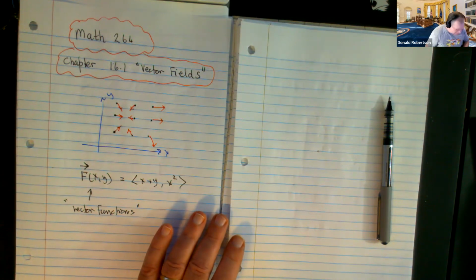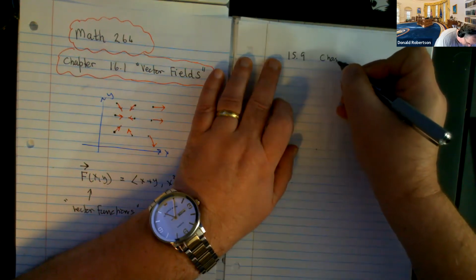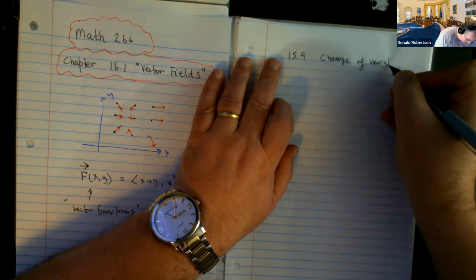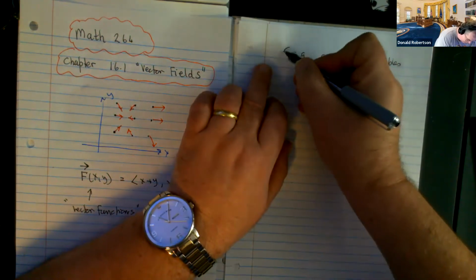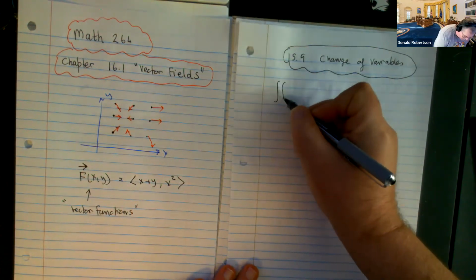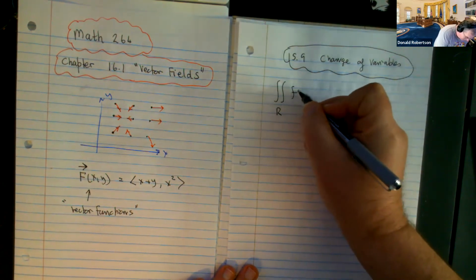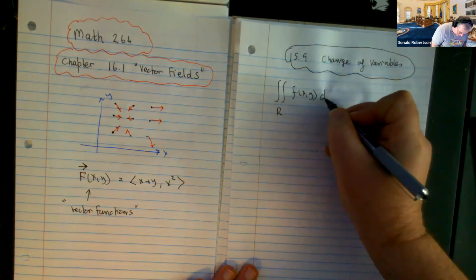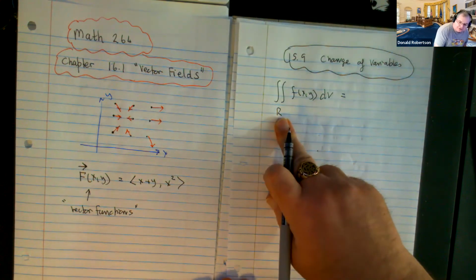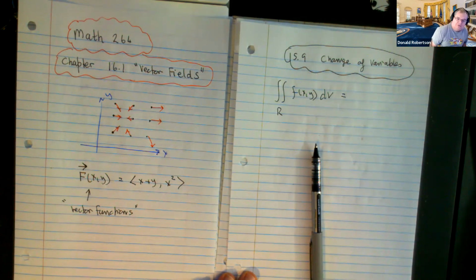So here we are, 15.9. Let's finish this guy off. 15.9, change of variable. So what you've got to do in a change of variable is that you've got a double integral of some region R of some function f of x, y, and you're going to integrate it with respect to x, y, but when you use x's and y's, it's either very difficult to describe the region or the integrations you get are really ugly and you can't do it for that reason.